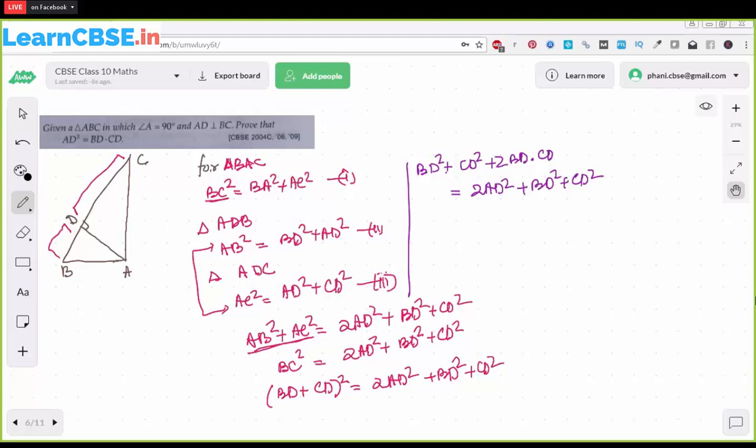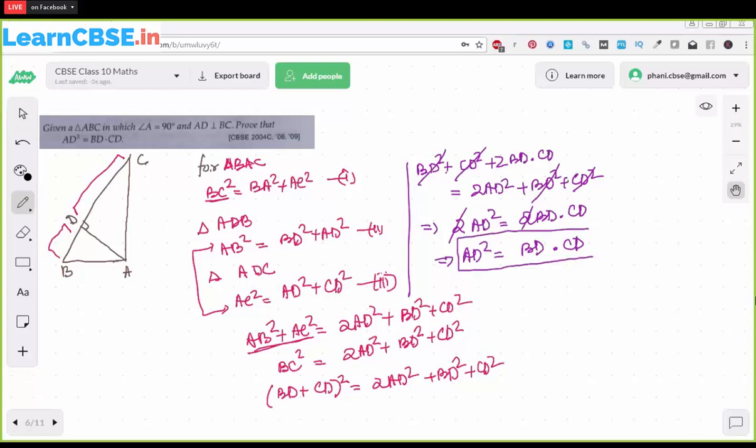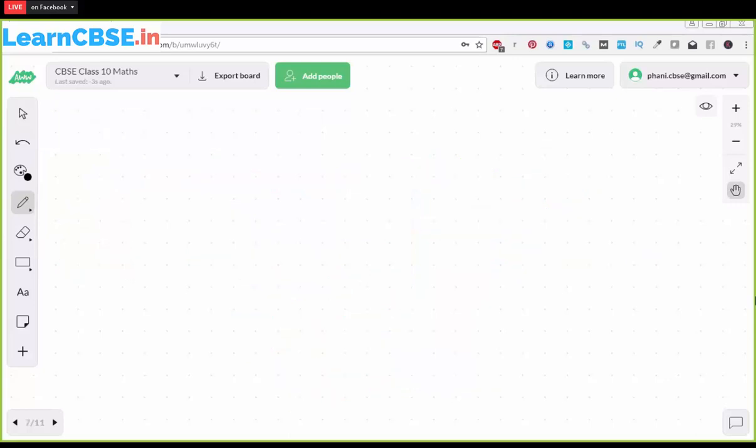If I simplify from both the sides, the BD square, CD square get cancelled. So we are having twice of AD square equals to twice of BD into CD. 2 gets cancelled. It gives you AD square equals BD dot CD. That's what is proved. Let's go for the next question.